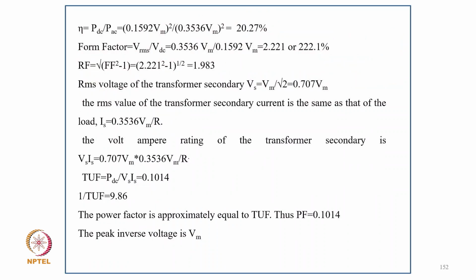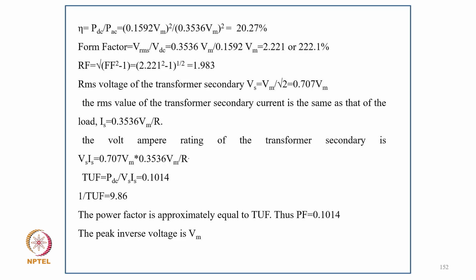So eta, the efficiency, equals PDC upon PS. Putting in values, it comes to 20.27 percent. The form factor is VRMS upon VDC, that becomes 2.2, and the ripple factor is the square root of F squared minus 1, so it becomes 1.98.